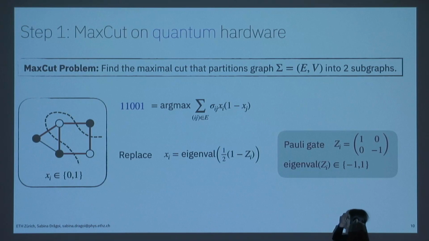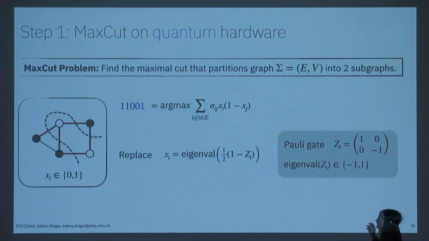And to map onto quantum hardware, we basically want to map onto a Hamiltonian problem. The way we do this is by replacing the binary variable x_i with the eigenvalue of this operator (1 minus Z_i) over 2, where Z_i is the Pauli gate with eigenvalues minus 1 or 1.